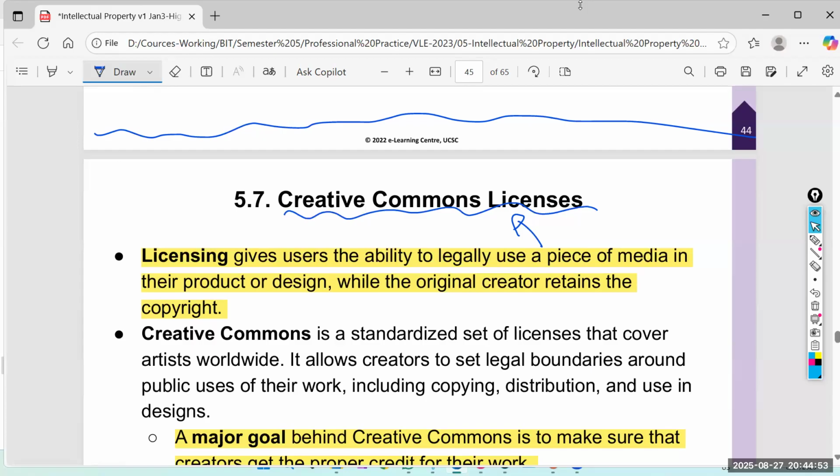So we need something very simple and at the same time very descriptive for communicating what you can do and what you can't do with my contents. That is where they came up with Creative Commons licenses.